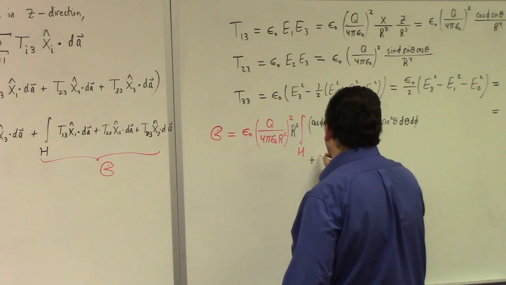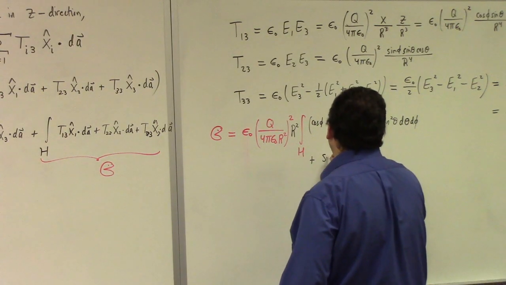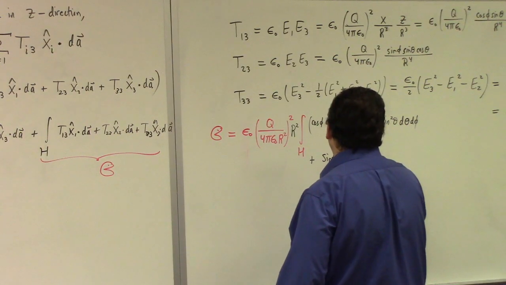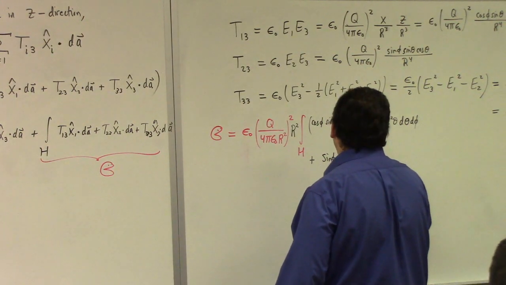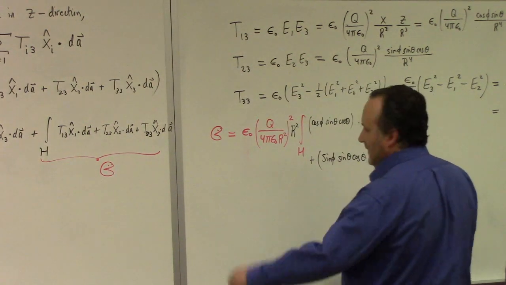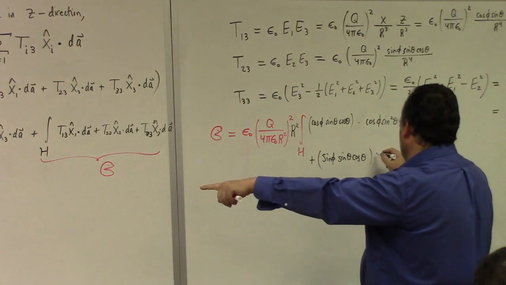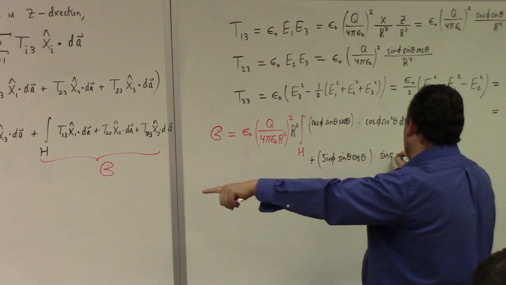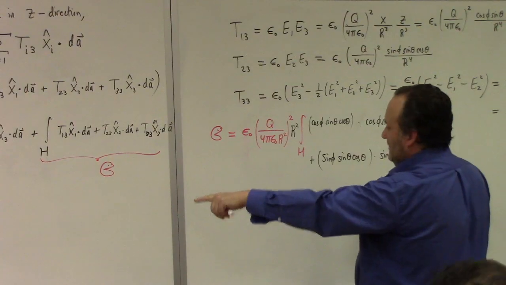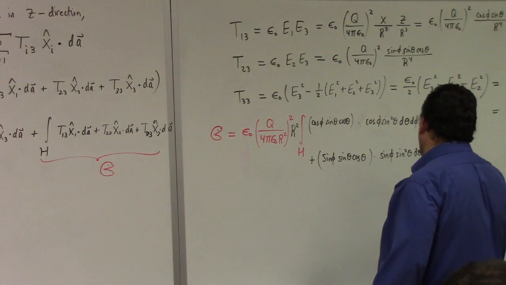Then plus what? Plus sine phi, sine theta, cosine theta, times my second component in dA, which is what? Sine phi sine squared theta d theta d phi.